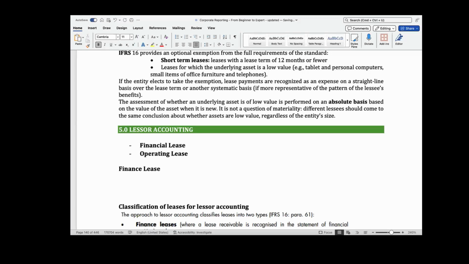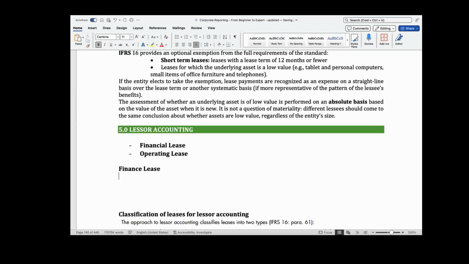Then that takes us to indicators of a finance lease. What are the indicators that will show that this is a finance lease, or that will tell us that the lessor has transferred substantial risk and reward? Number one is where there will be transfer of ownership to the lessee at the end of the lease term.